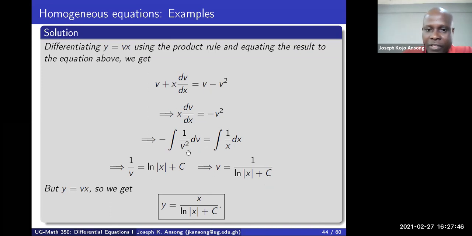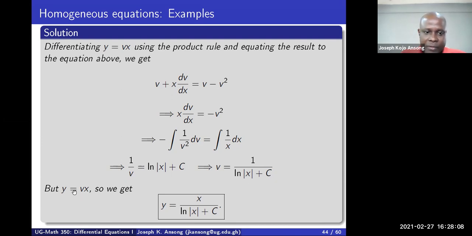Okay, so I have negative integral 1 over v squared dv is equal to the integral of 1 over x dx. Good. When you integrate this, you're going to get 1 over v, because of the negative, that negative cancels out. And the integral of this is just ln x plus c, which means v is just 1 over ln x plus c.